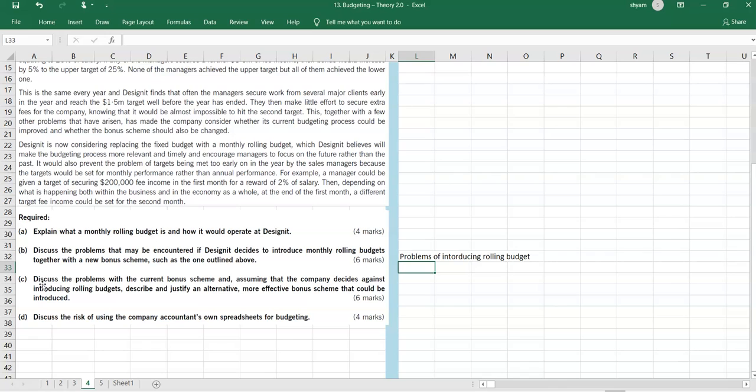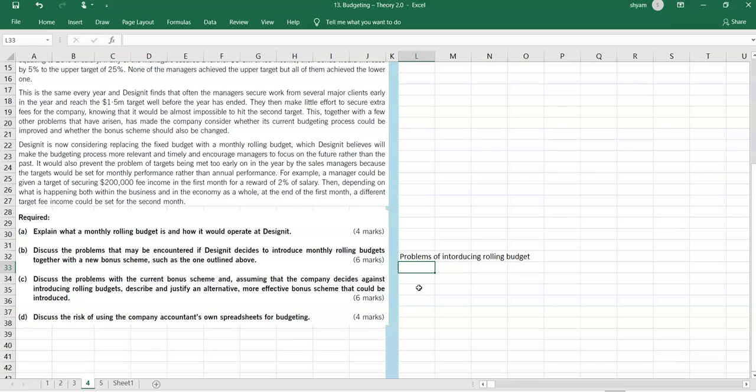The next one is discuss the problems with the current bonus scheme and, assuming that the company decides against introducing rolling budgets, describe and justify an alternative, more effective bonus scheme that could be introduced. Okay, so I think this is about bonus schemes. We don't need to discuss bonus schemes for rolling budget, but if we require it, we can discuss that also.